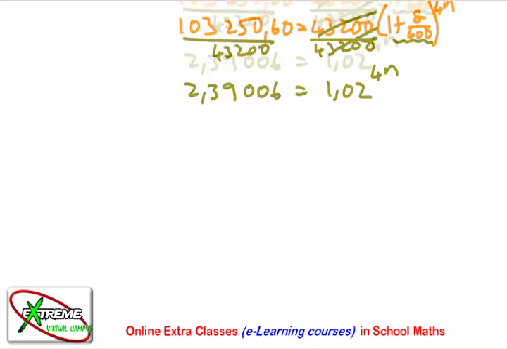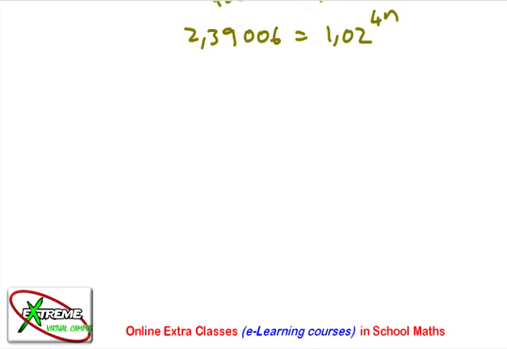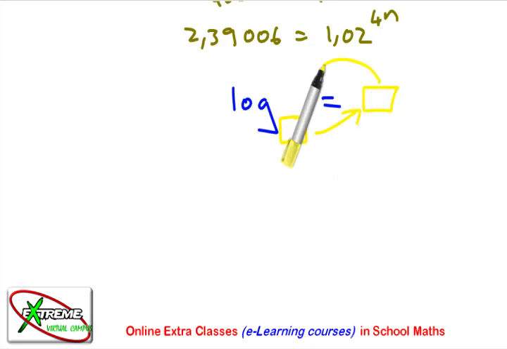Now from here we need to make use of logarithms. It's the best way to get the value of n, if you don't want to guess forever until you actually find a value that will make the left hand side and the right hand side equal to each other. The way to do this with logarithms is to start with log and equals, and then you've got something here to the power of something there equals something else there, and you find those somethings in this format, which is called the exponential form.